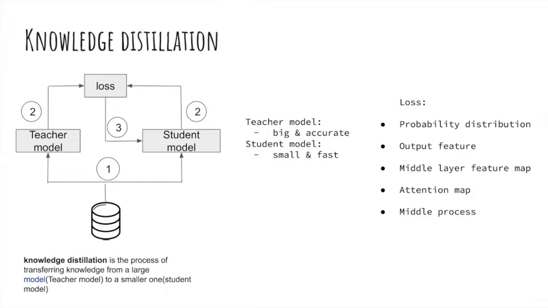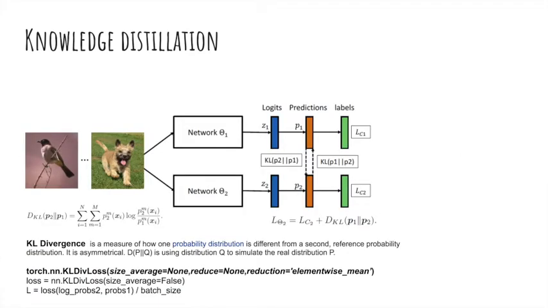We consider the teacher's prediction as a supervision and compute the prediction loss between the teacher and the student. The supervised loss could be many types, including probabilistic distribution, output feature, middle layer feature map, attention map, or middle process. Now let's take a look at an example.